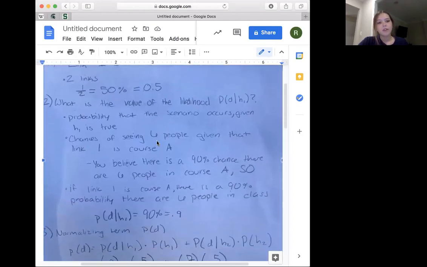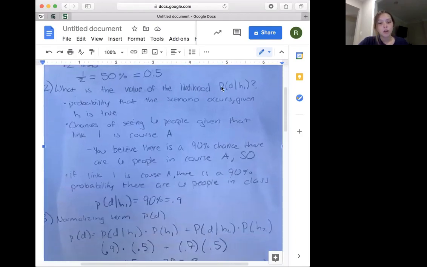What is the value of the likelihood, the probability of a scenario given that hypothesis 1 is true? The scenario would be the chances of seeing 6 people. That's what we were given as our scenario, given that link 1 is course A, because that's hypothesis 1.